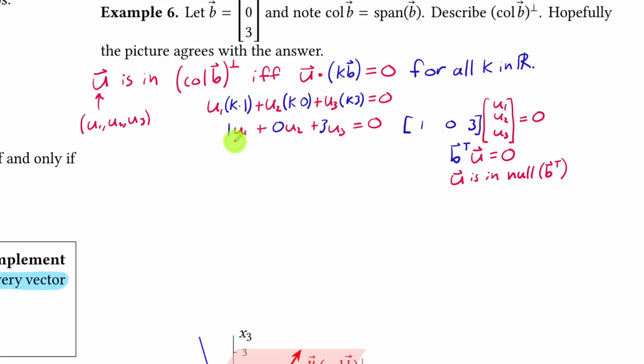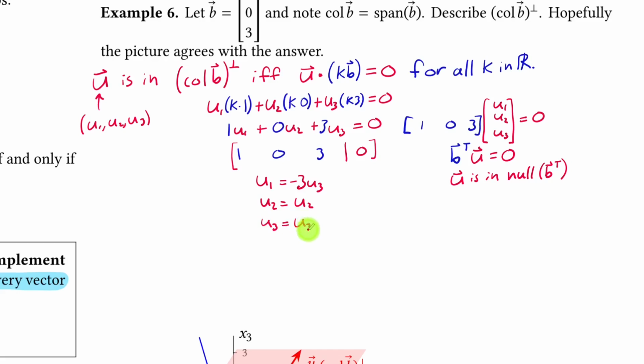Anyways, this augmented matrix (1, 0, 3 | 0) is already row reduced, so we can write u1 equals negative 3 u3, u2 equals u2, and u3 equals u3. So all of the free variables here we just write as equal to themselves.